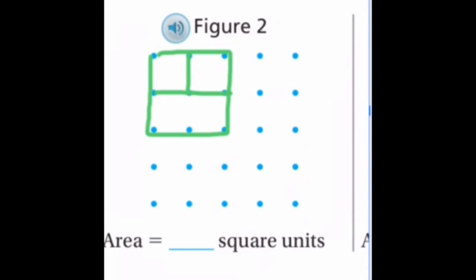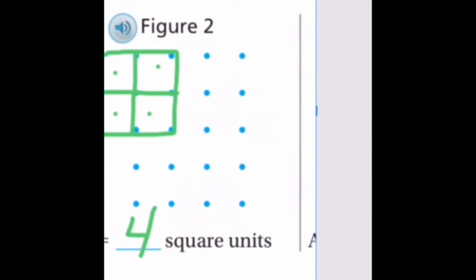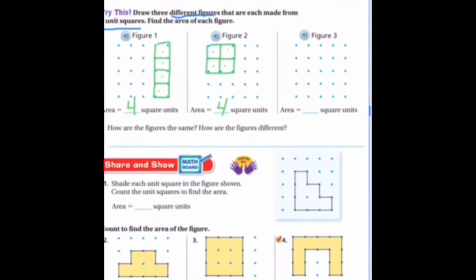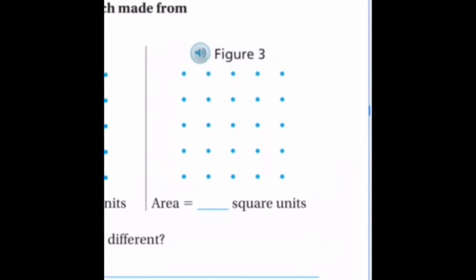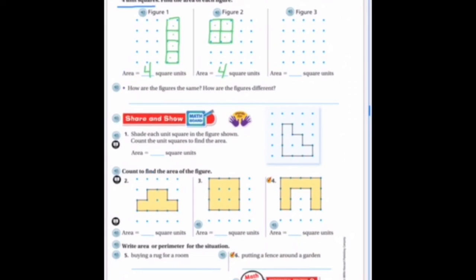Draw a couple lines like this. I have 1, 2, 3, 4 squares. The area, 4 square units. And there is a third one. Yeah, there it is.